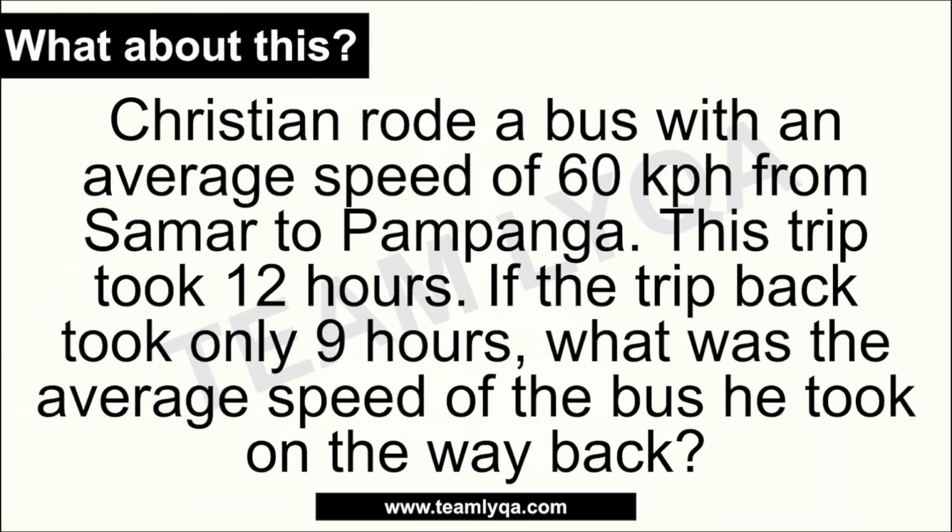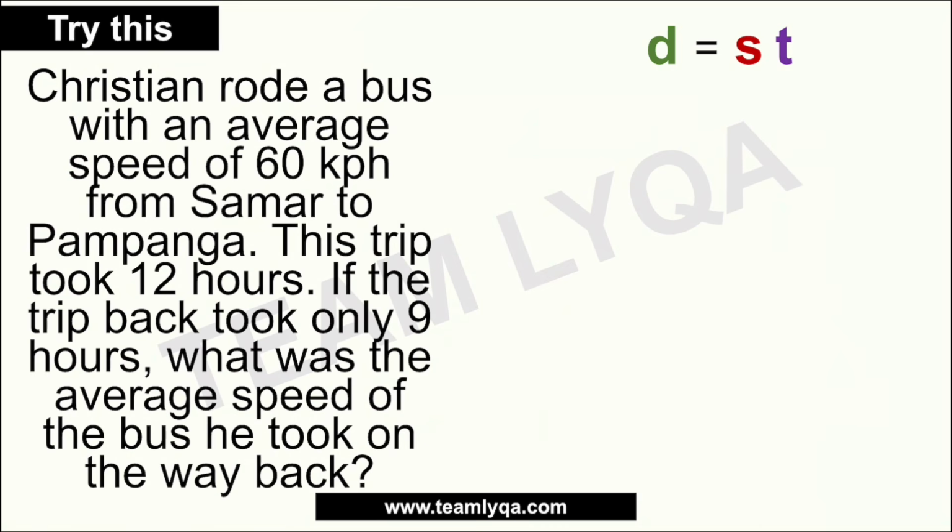So, itong si Christian, nag-travel daw siya from Samar to Pampanga. Kasi sabi ni Christian, siya daw ay galing tiga Pampanga siya, no? So, ang kanyang biyahe papunta, okay, so ilalabel natin, ito drawing muna natin. We have a horizontal line right here to denote yung distance. Tapos, from here to here, Samar to Pampanga, this is Samar, this is Pampanga.